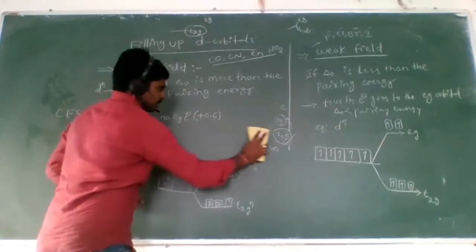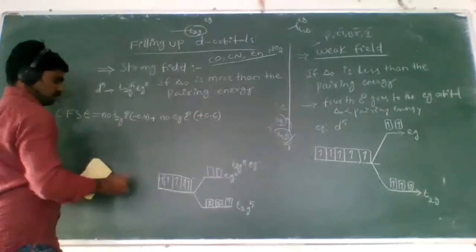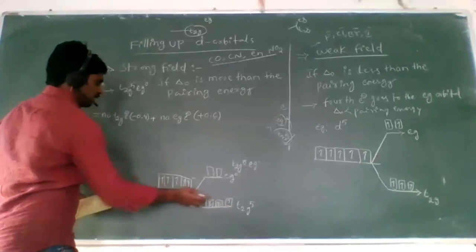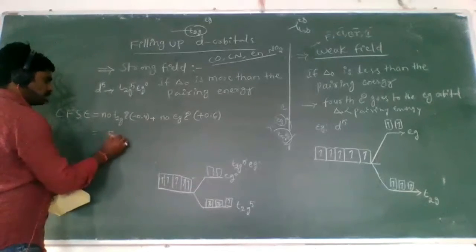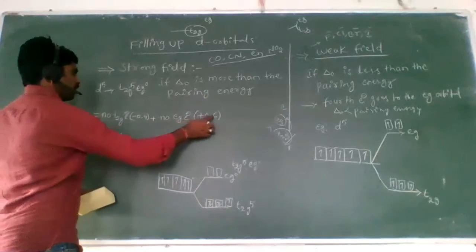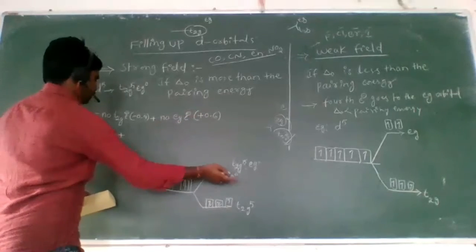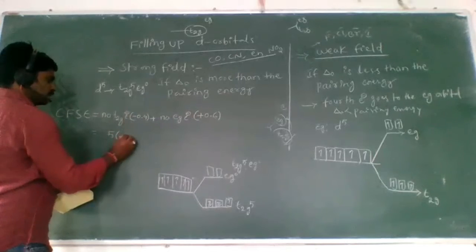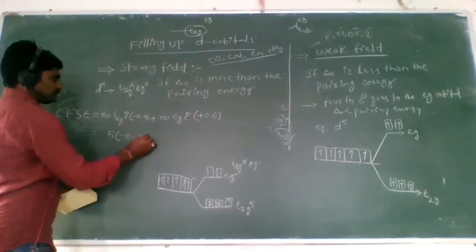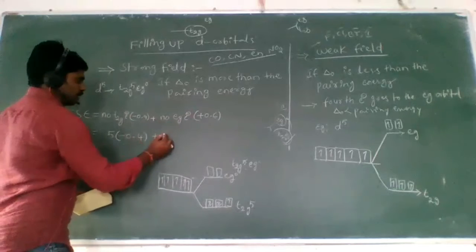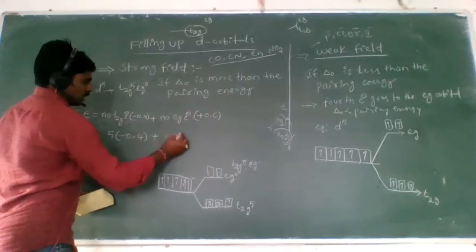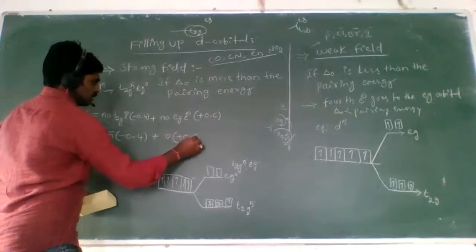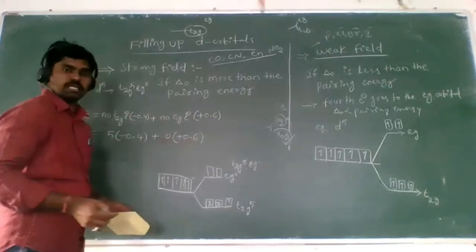So look here, I am applying this example. The number of electrons in T2g, how many are there here? 5 electrons. Plus, how many electrons are in the eg? There are none. So 5 times minus 0.4, plus the number of eg electrons, which is 0, times 0.6, which is 0.